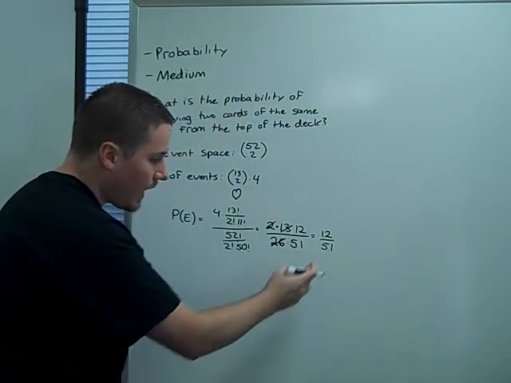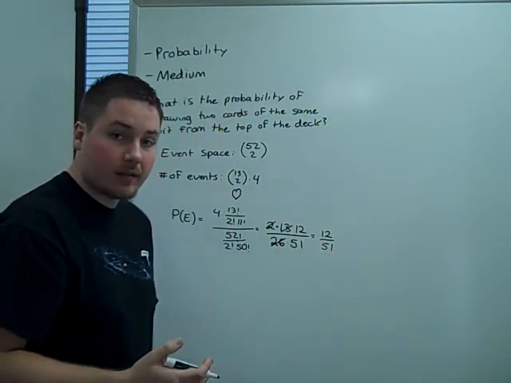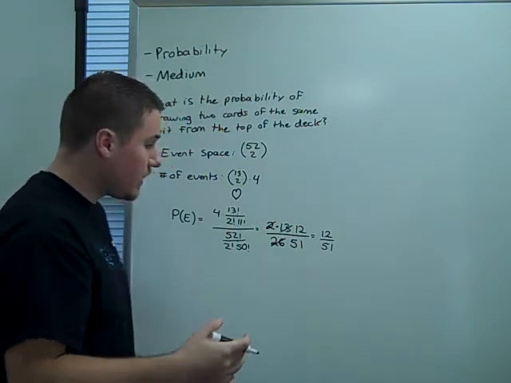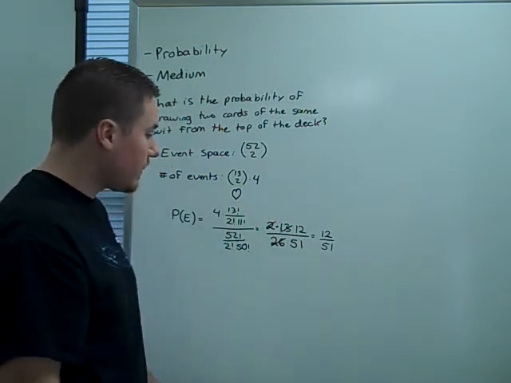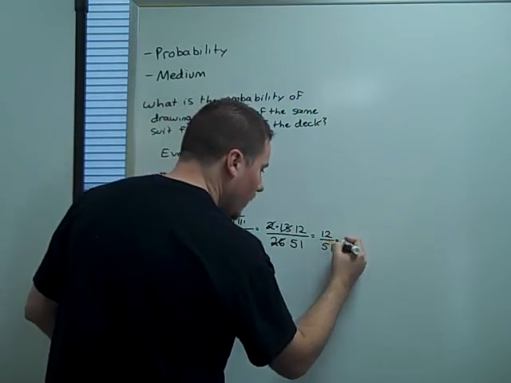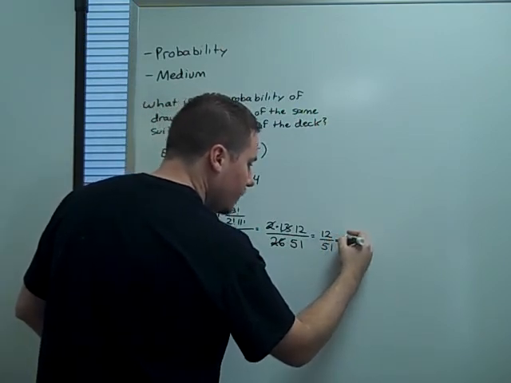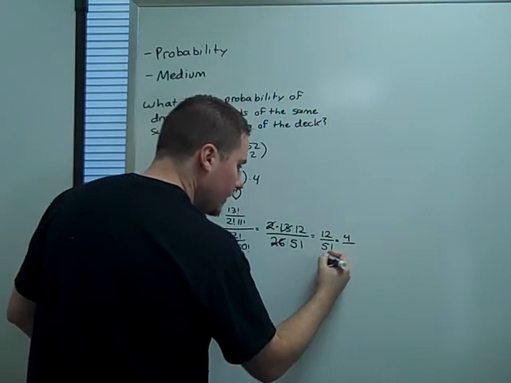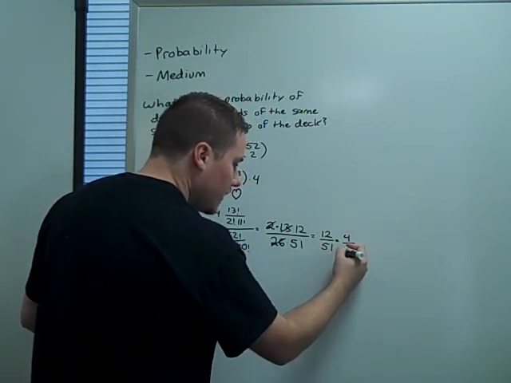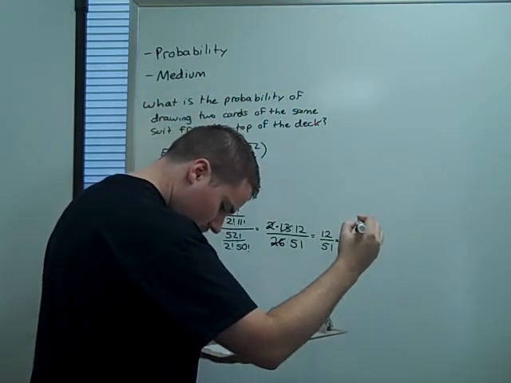Now 51, add up the digits, 5 and 1, they add up to 6, which is divisible by 3, and 12 is also divisible by 3, so we can simplify this fraction a little more. Pull out the 3 from the 12, that gives us 4, pull out the 3 from 51, and that gives us 17.